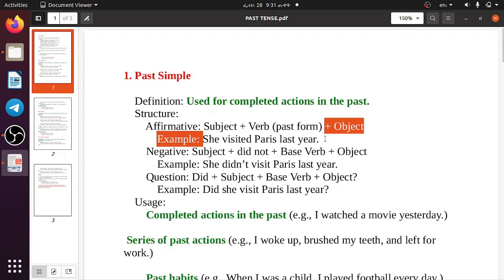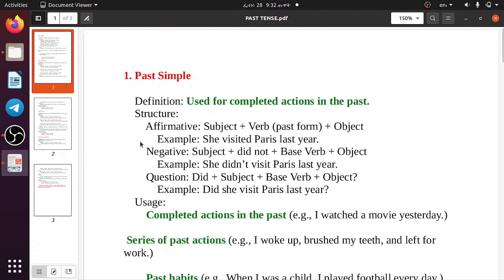In this sentence, she is subject and visited is past verb in past form because it has ed. Ed is past form of verb, and Paris is object, and last year is time indicator of tense. So this is the structure of affirmative sentence.